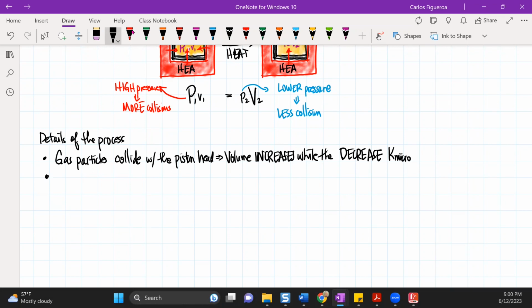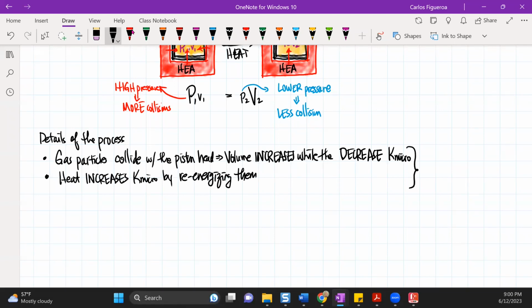So what you find here is that you have to re-energize the gas particles. So then heat increases K micro by re-energizing them by that influx.